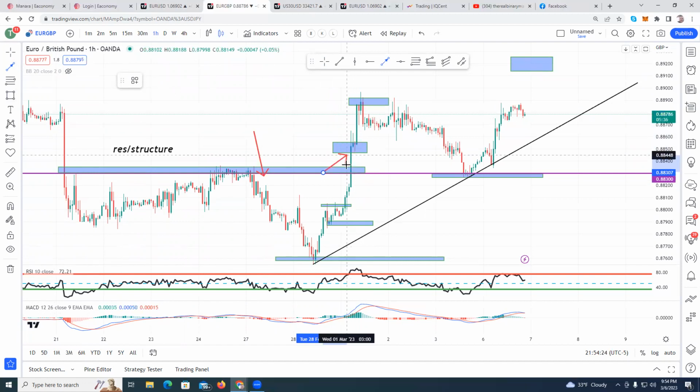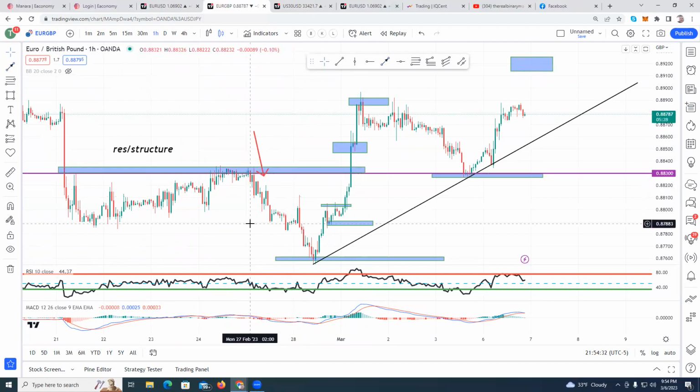We don't have confirmation to get in other than we are breaking a structure, but we want confirmation. We want to see a retest with potential rejection, maybe a bullish engulfing candle at the bottom of the trend, something on the smaller time frames giving us a clear indication we're starting to see some rejection and price continuation could go to the upside.